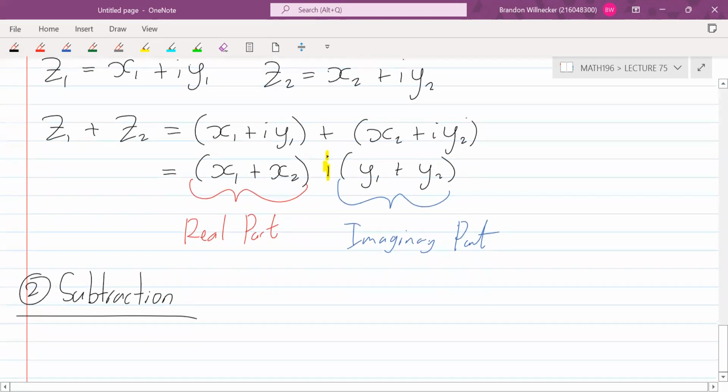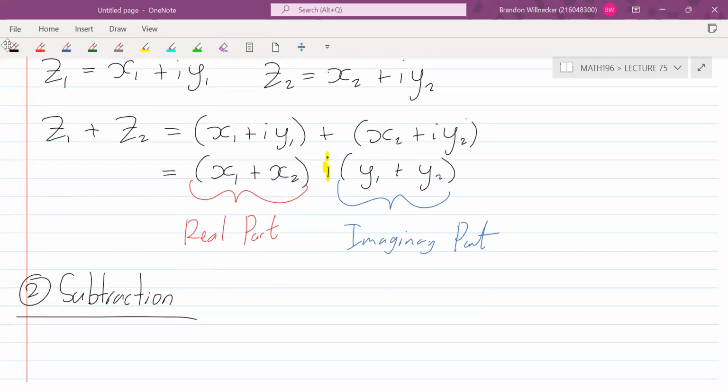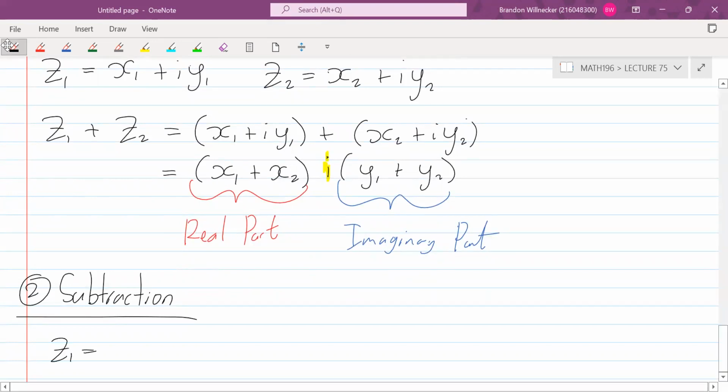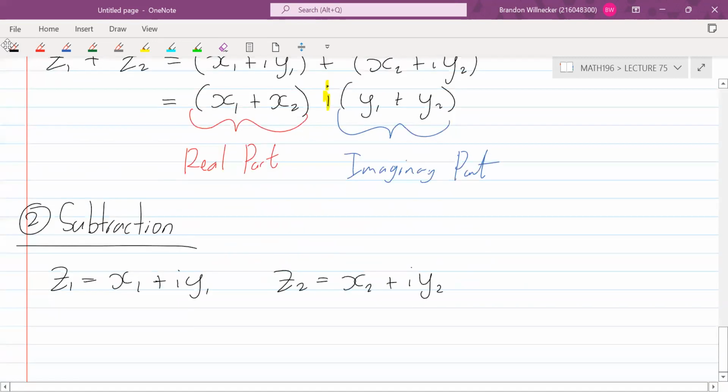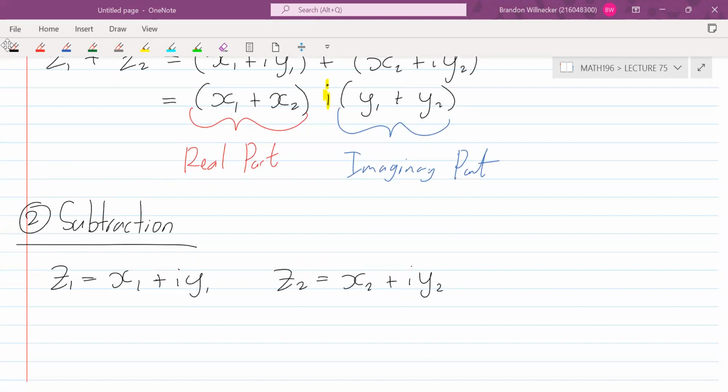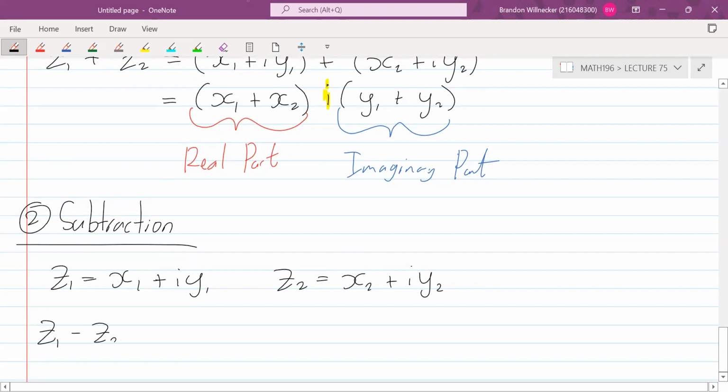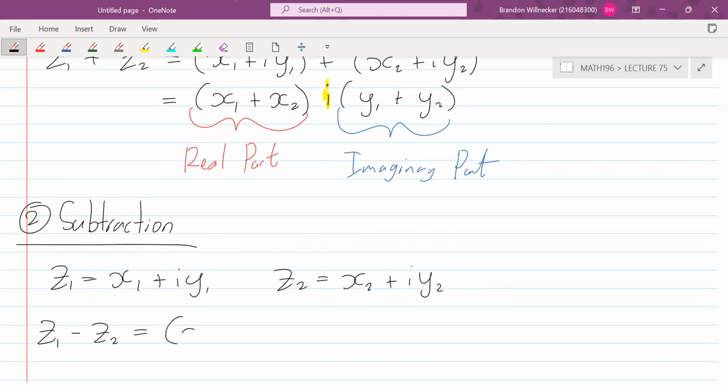Okay, so again, we pick two general complex numbers. So we have z1 is going to be x1 plus i y1. z2 is going to be x2 plus i y2. And now we want to subtract them. We're going to do it in a very similar way to what we had before. z1 minus z2 is equal to x1 plus i y1 minus (x2 plus i y2).